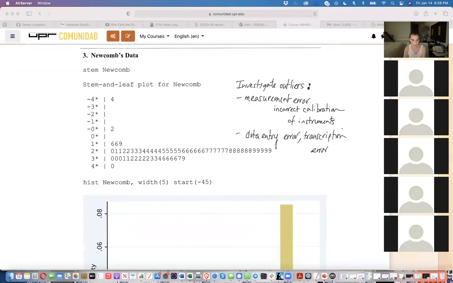So a transcription error going from his notebook into wherever he was, you know, copying his numbers, or anyway, there could have been some sort of error in operating the methodology.